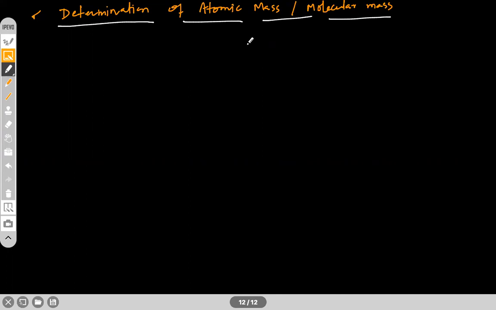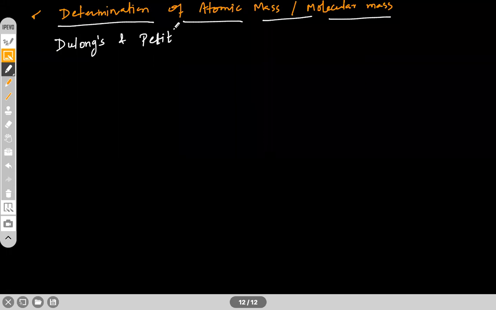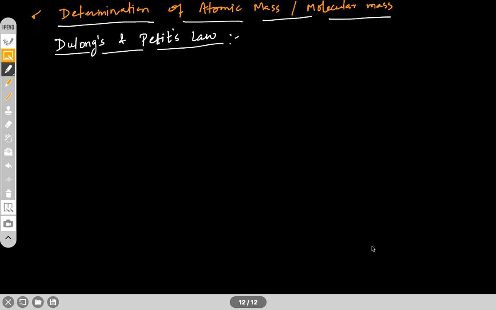And here we have to understand only one relation that we'll study under this law, Dulong and Petit's law. It is just a relation based on the research, which is done by the two scientists named Dulong and Petit, okay. And this says what?